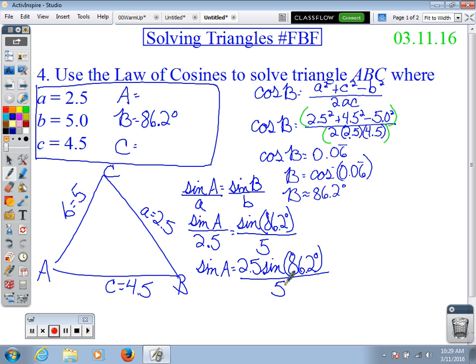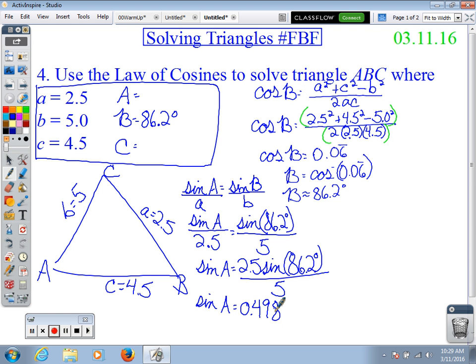Okay, which would be about 0.498. Now, if you got different numbers, there's a really good chance your calculator is in radian mode. Make absolutely certain that the calculator is in degree mode. You should have a little DEG at the bottom right of the screen. If it's not DEG, push the DRG button, make it say DEG.